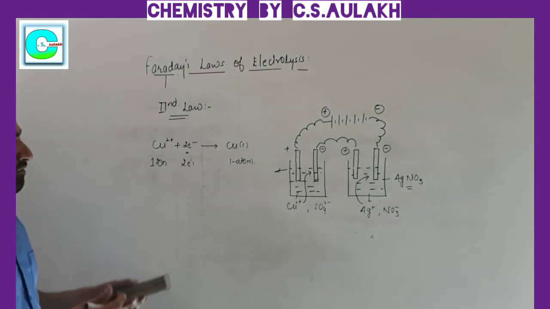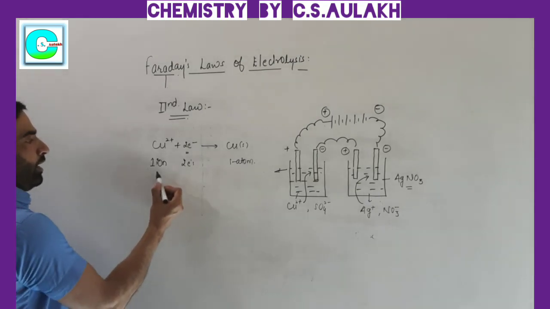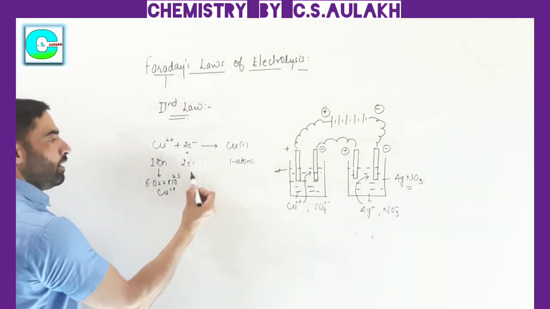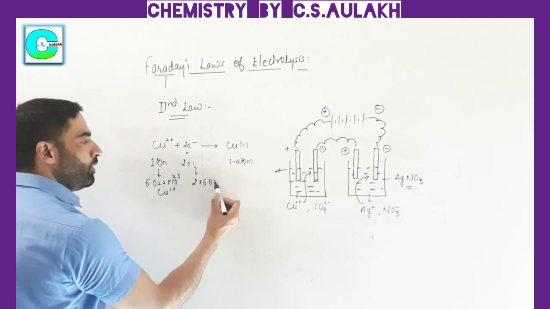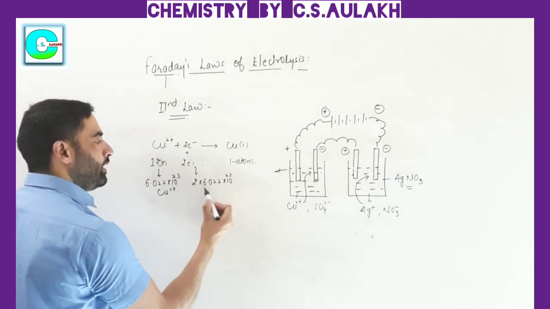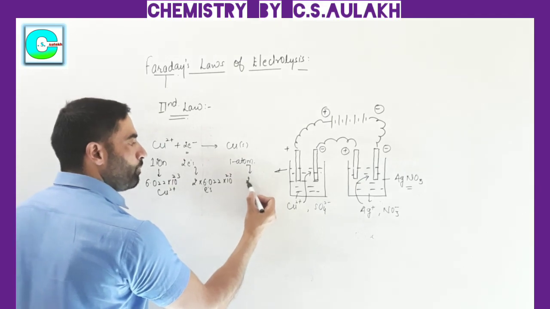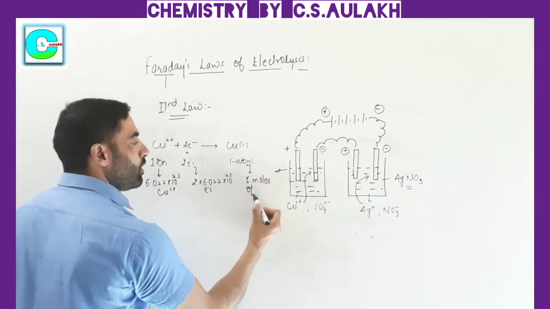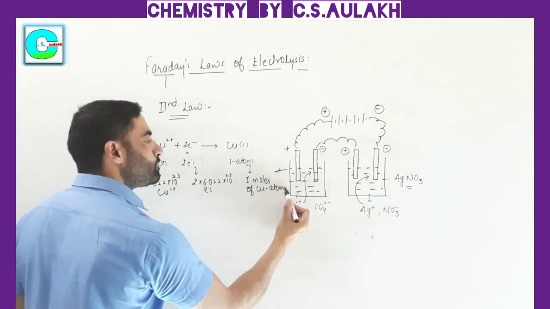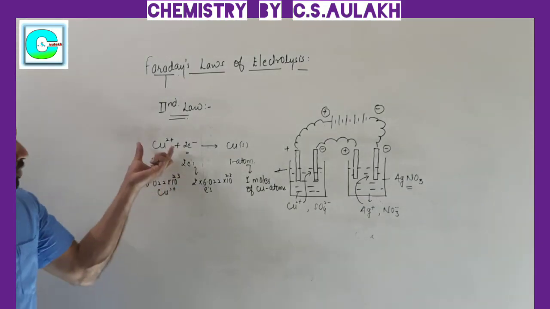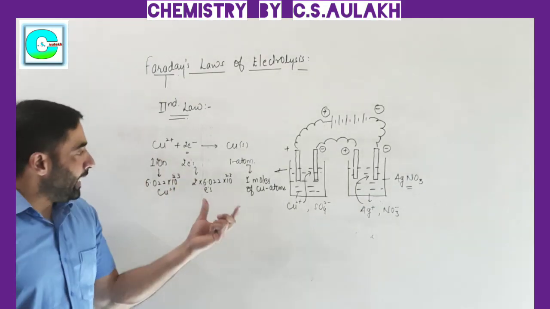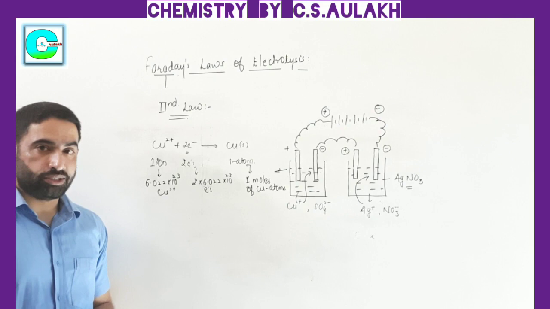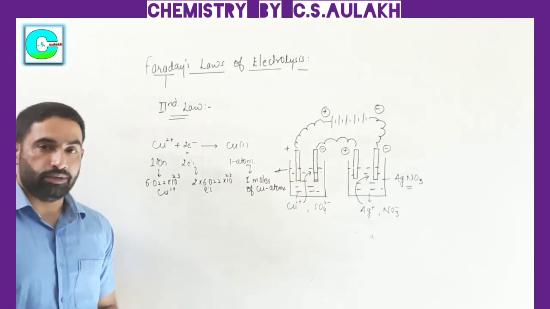As we have calculated in the first law, similarly if we have 6.022 × 10^23 copper ions, they will gain 2 × 6.022 × 10^23 electrons to form 1 mole of copper atoms. So we can say 1 mole of copper ions with the gain of 2 moles of electrons produces 1 mole of copper atoms over the surface of the cathode in the first electrolytic cell.